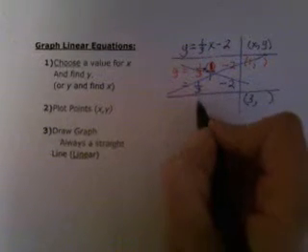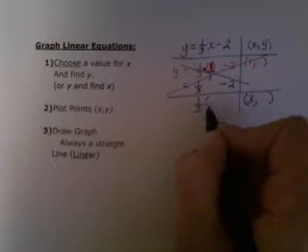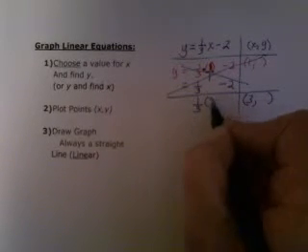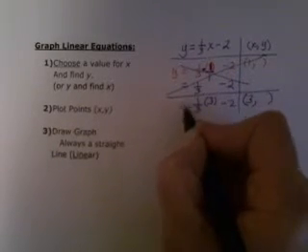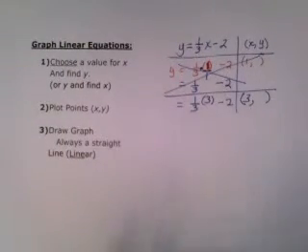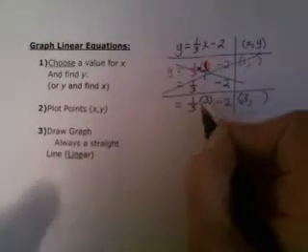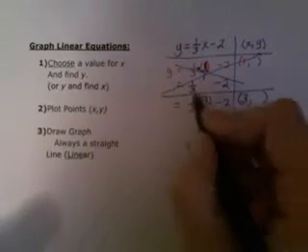So now what I'm going to have is 1/3, plug in my 3 for the x, minus 2. Aha, I need to multiply first. Put the 3 over 1 if you want to, as long as you make sure it's in the top.